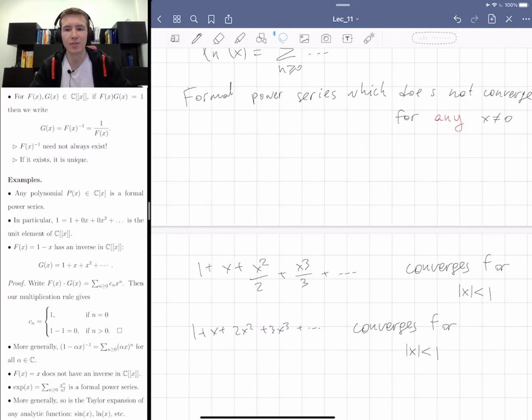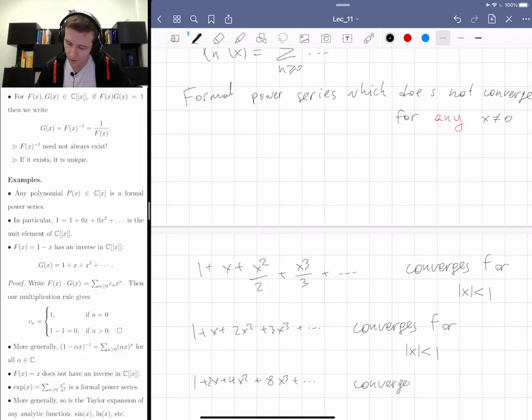Any other examples? 1, 2, 4, 8, 16. Okay, interesting. 1 plus 2x plus 4x squared plus 8x cubed plus etc. I think this one converges when the absolute value of x is less than 1/2, if I understand your example correctly.